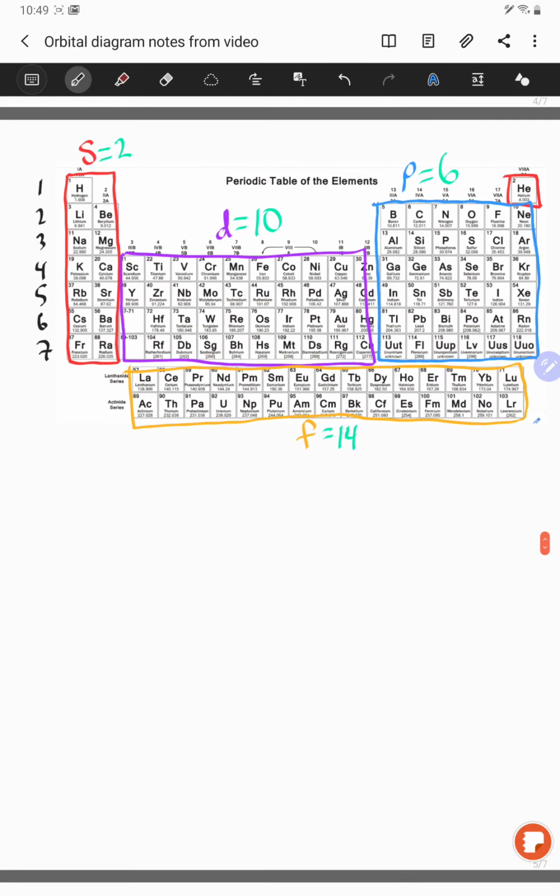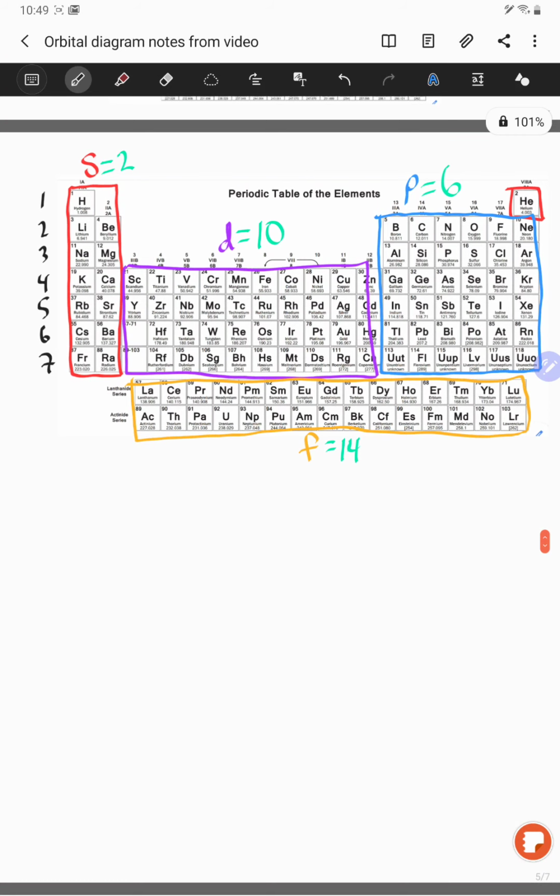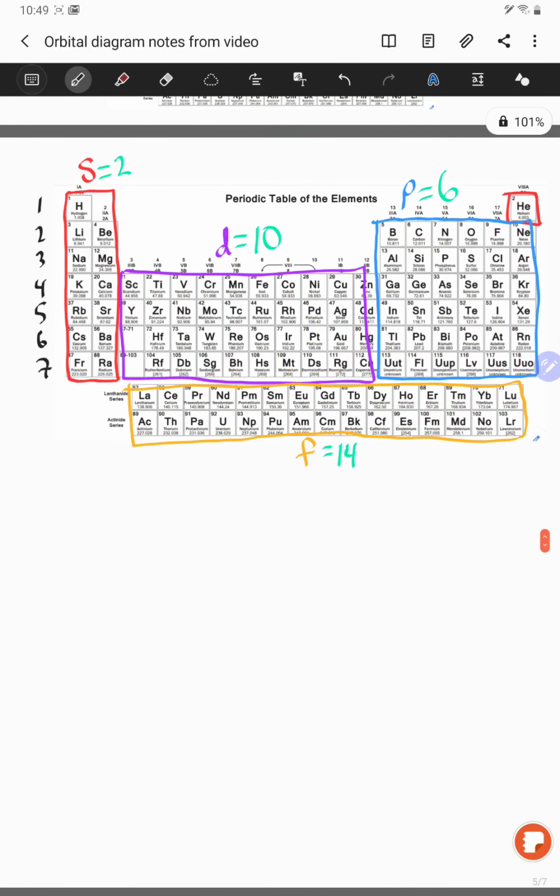All right, let's do an example with orbital diagrams using the d block. So it's going to be a little bit more complicated than what we did last class, but it should be doable. I think we can do it.